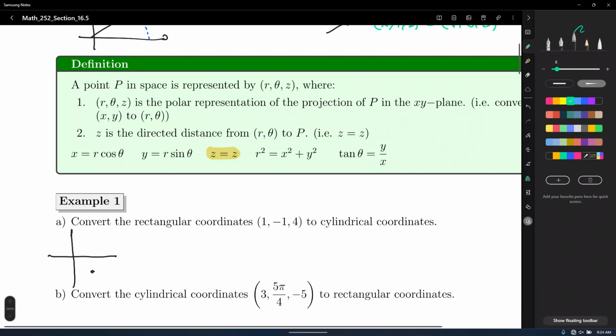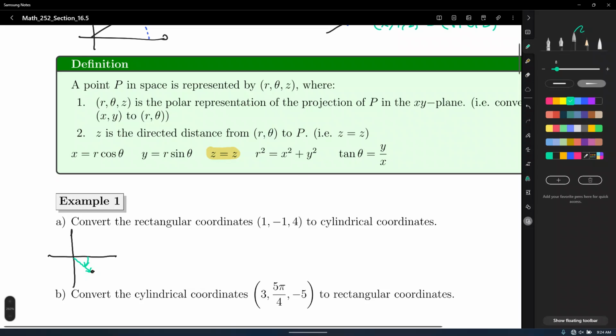What do we need to know? We need the distance from the origin to the point and the angle formed from the positive x-axis to the ray from the origin to the point. If you look at 1, -1, I think the angle is very obvious, so I don't think you need to calculate anything.